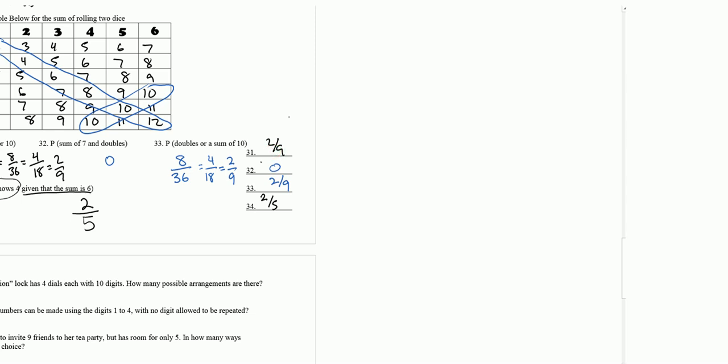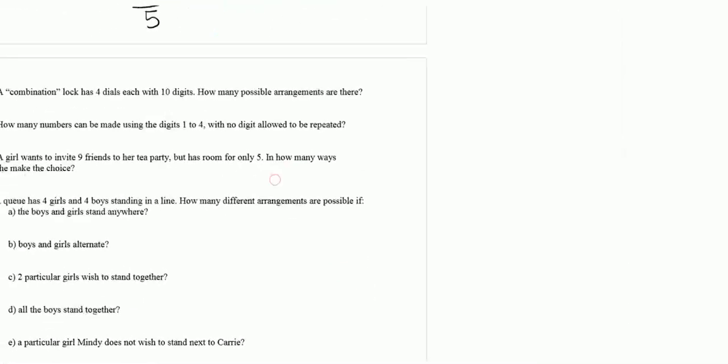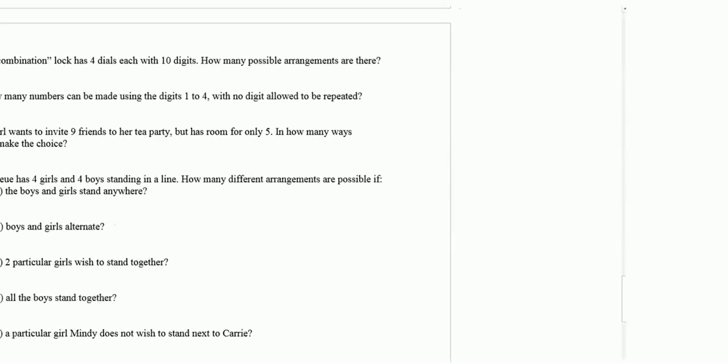All right, on to 35. 35, we have a combination lock, has 4 dials, each with 10 digits. How many possible arrangements are there? Well, to create a combination, you have 10 choices for the first dial, 10 choices for the second dial, and then for the third, and then for the fourth.